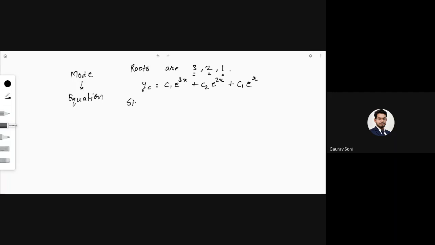Now, since the given linear differential equation is homogeneous, y will be simply equal to yc.